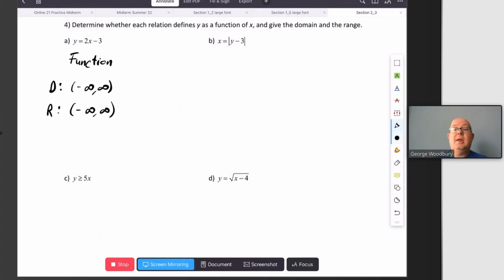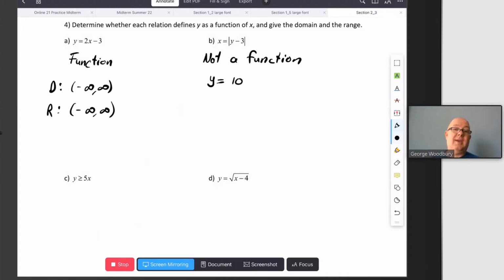For the second one, this is not a function, and the strategy here is to try to find one value of x that's associated with more than one value of y. So for instance, suppose we start with y equals, and I'm just going to pick a number, y equals 10.